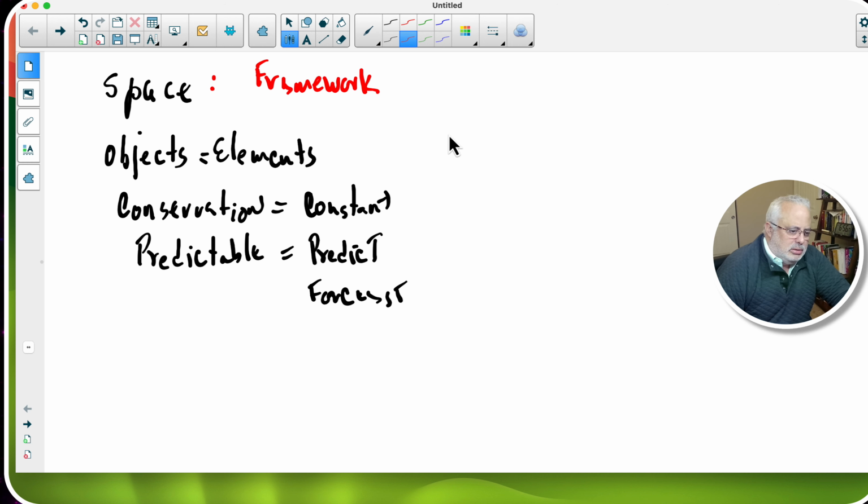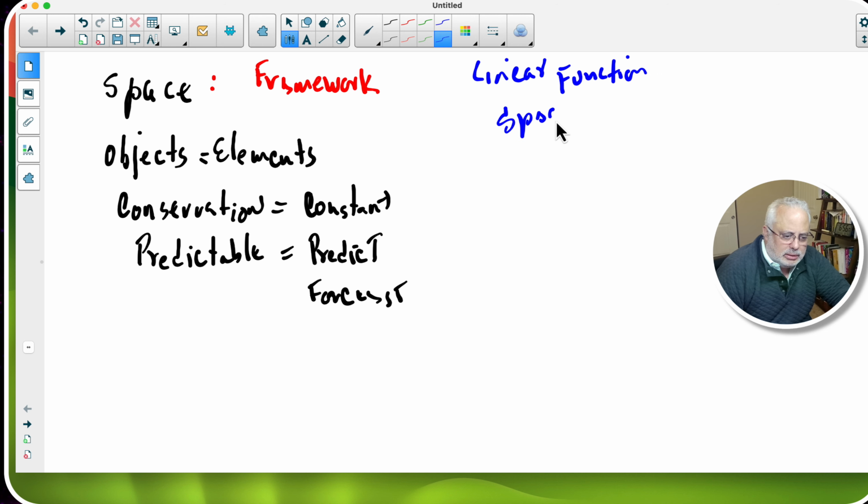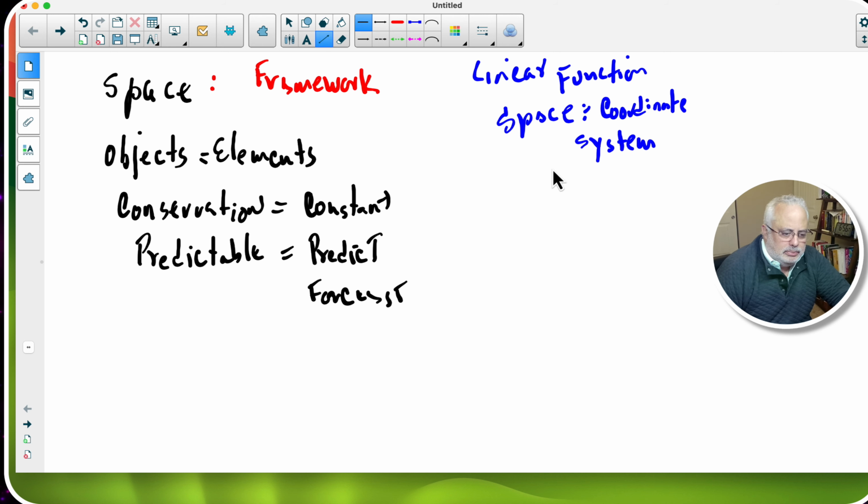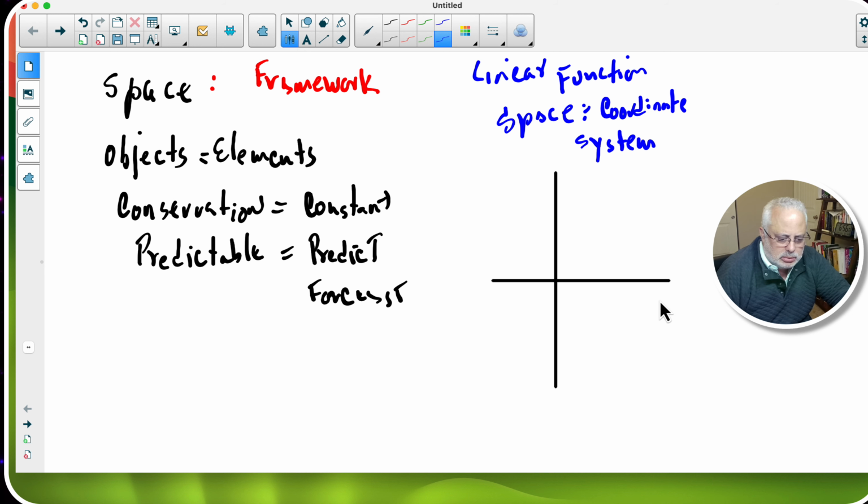And in this case, because we are working with linear function, my space here is the coordinate system. The Cartesian coordinate system, okay? The beautiful X and Y approach.